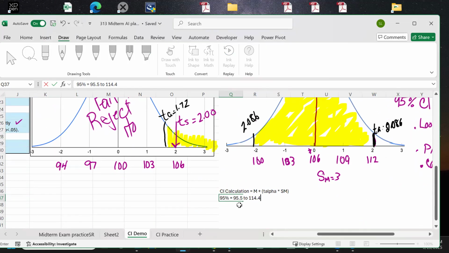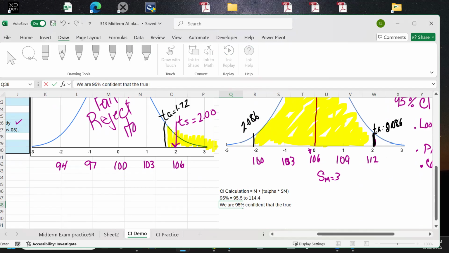And how do we interpret it? This is really important and a little bit picky in terms of appropriate interpretation. We can say we are 95% confident that the true, remember our type 1 to type 2 error, right now we're talking about the true population mean.